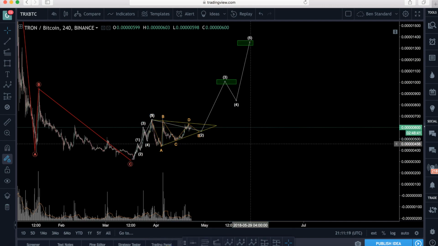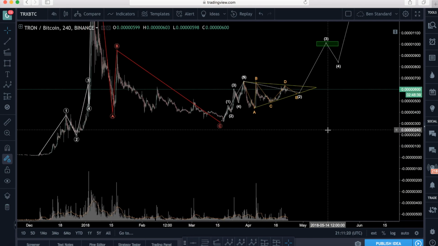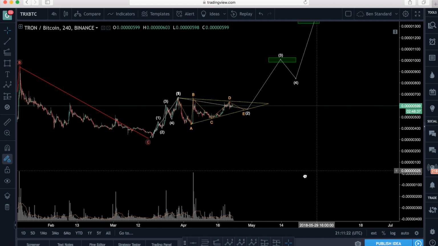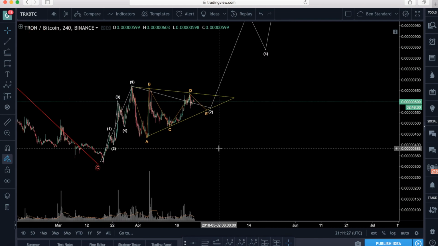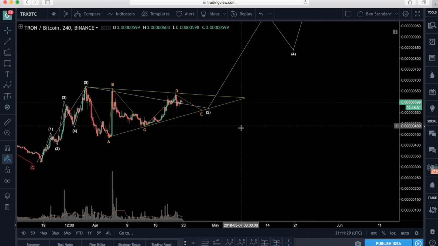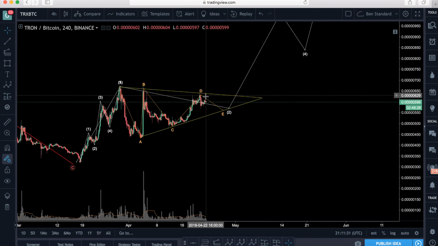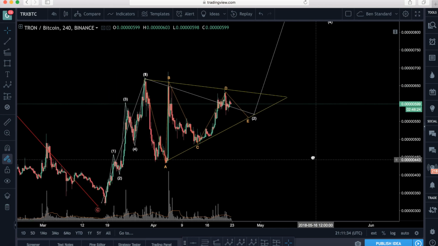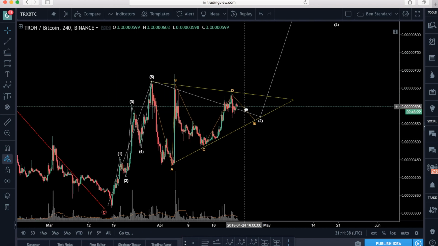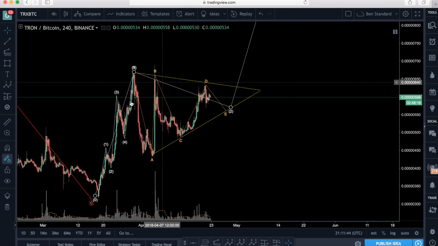So now you may ask yourself, okay, where do I make the trade? I would make the trade at the bottom of this triangle, because you don't want to buy in here, because there's a risk that we're gonna tank down to the E to complete this pattern.